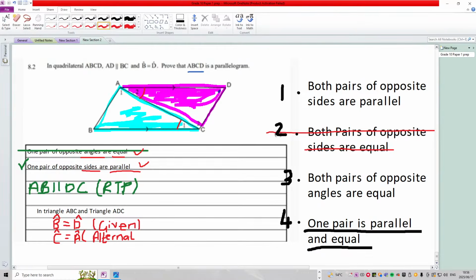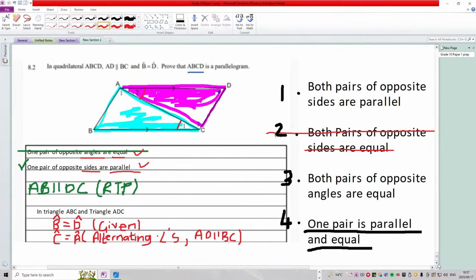And these days, you need to mention the lines that are parallel when you talk about alternating angles. We need to put a comma and say those alternating angles are equal because AD is parallel to BC. You're going to lose a mark if you don't.